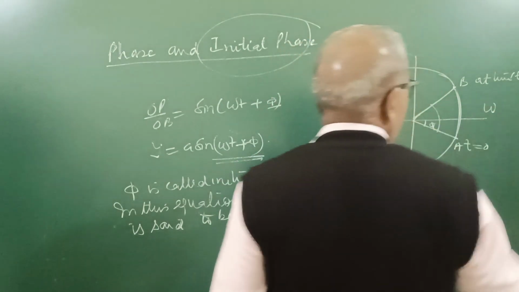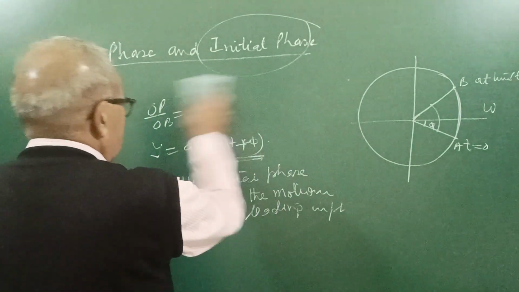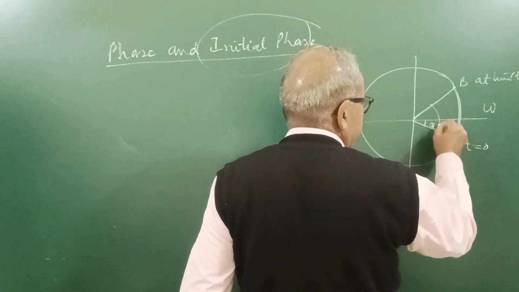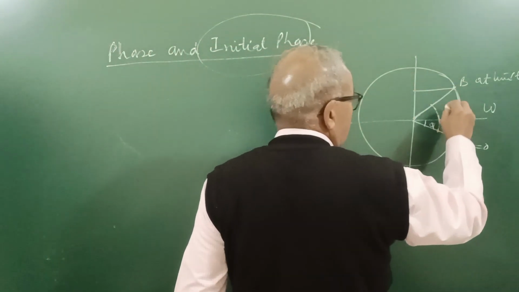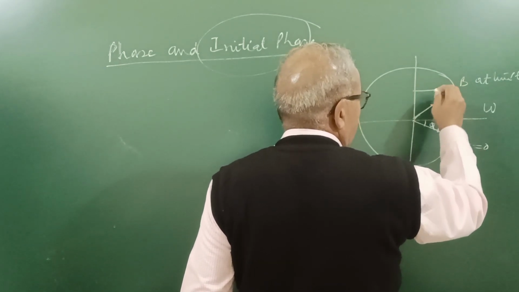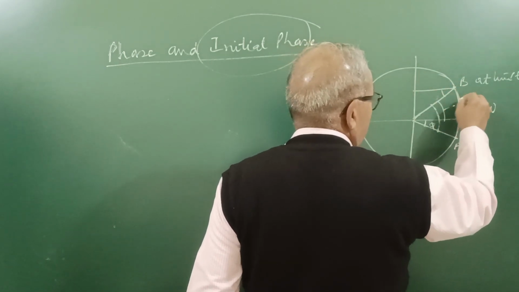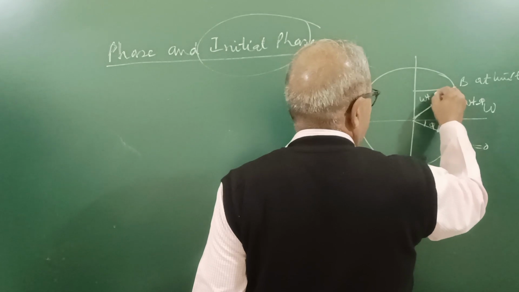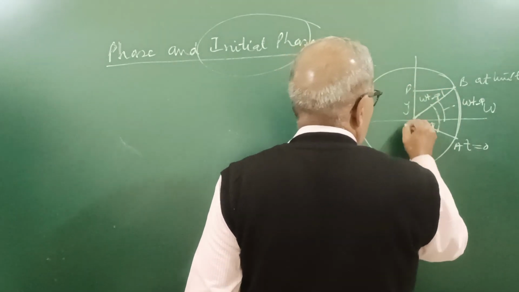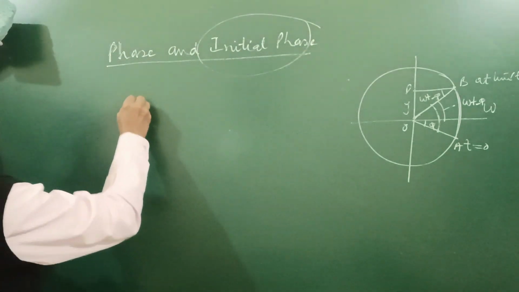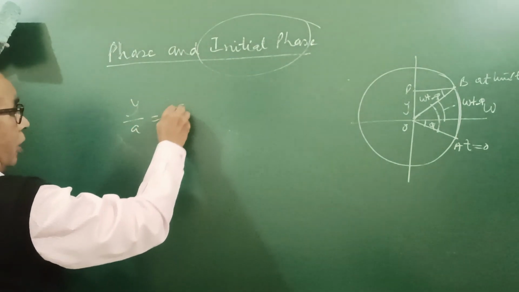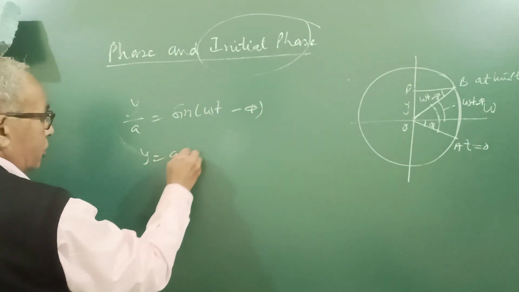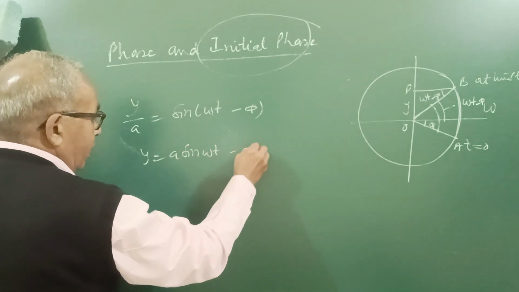If omega is the angular velocity of the particle, then the displacement is measured by this angle. So how much will this be? This will be omega t minus phi, and this is also omega t minus phi. So in this figure, y upon a is equal to sine of omega t minus phi, or y equal to a sine omega t minus phi.